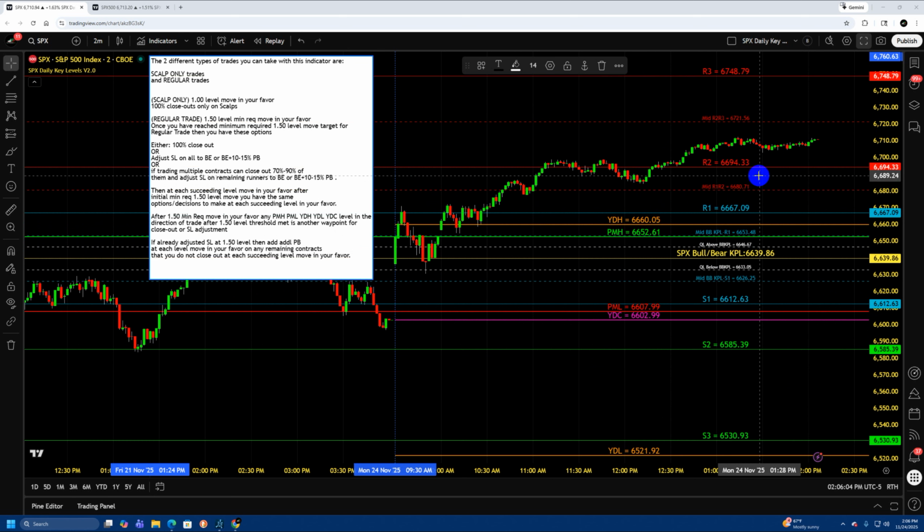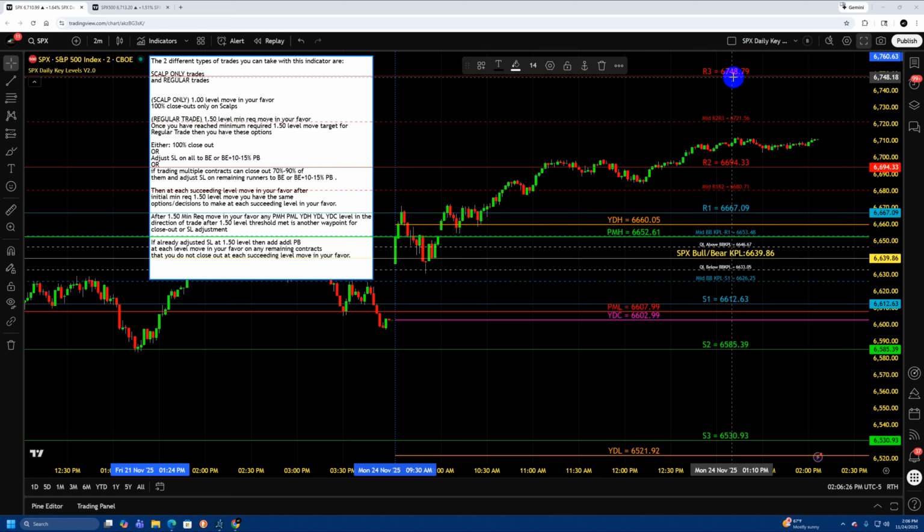However, as an example, let's just say that price travels all the way up to R3 and then started closing below R3, and we had some bad news that came out, and now price was starting to travel below, and you took a bearish trade off of R3.